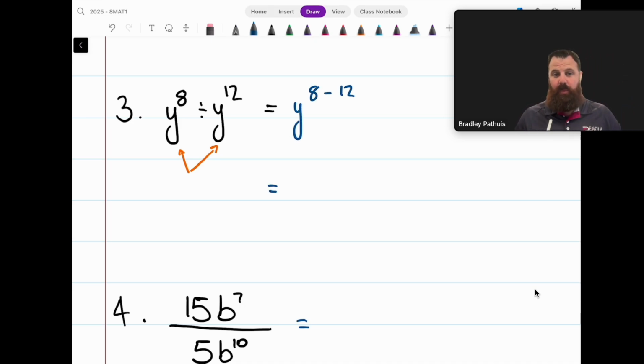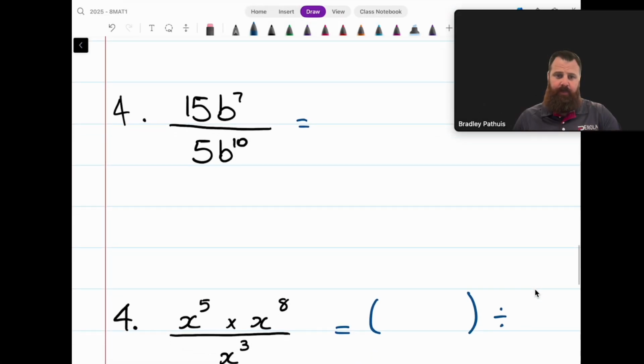And remember, we read it in order. So whatever we start off with on the left side, we do the takeaway in order. So we're going to do 8 take away 12, and here's a time where we're going to get a negative answer. And it's okay to get a negative answer as our power. So y to the 8 divided by y to the 12 ends up being y to the negative 4.